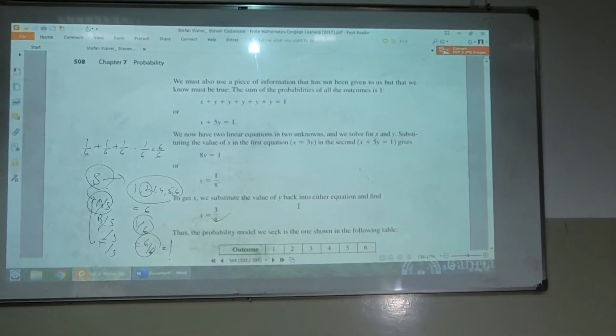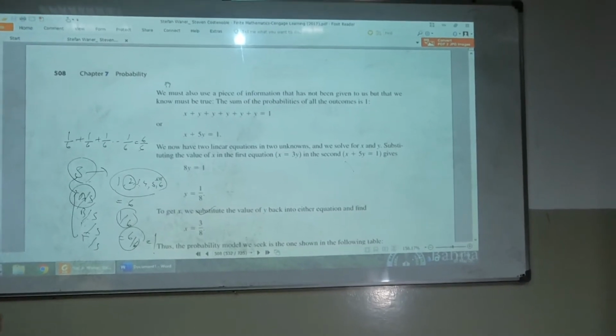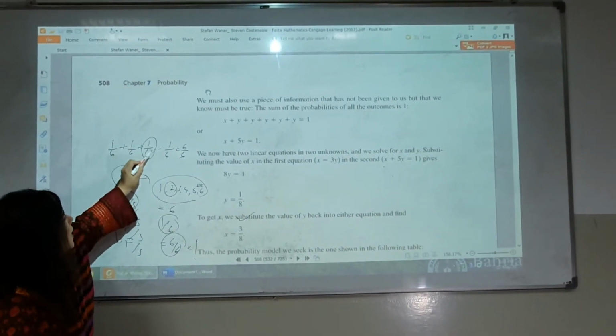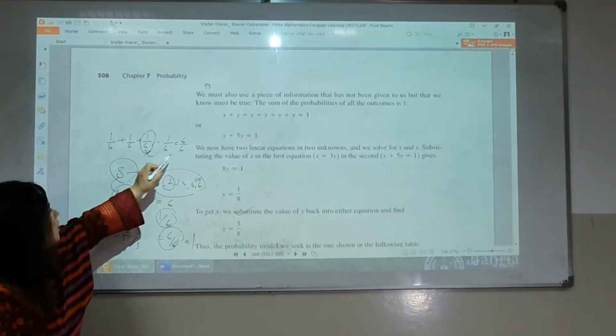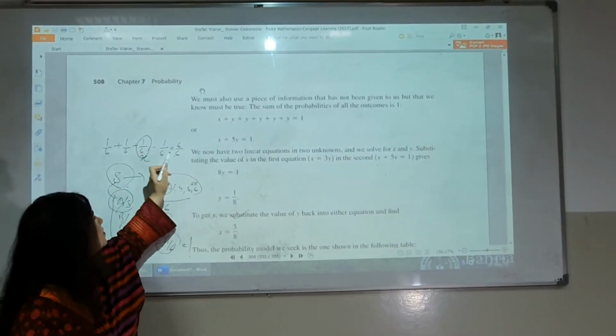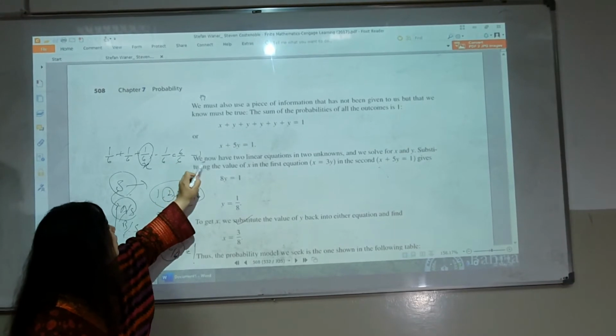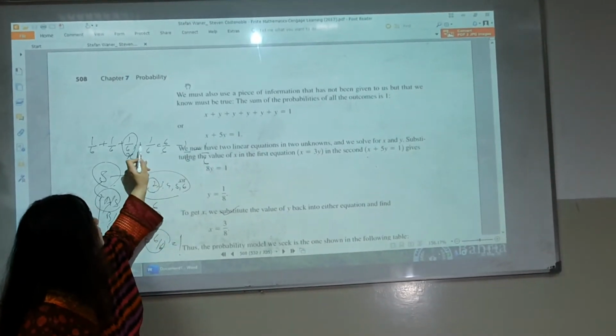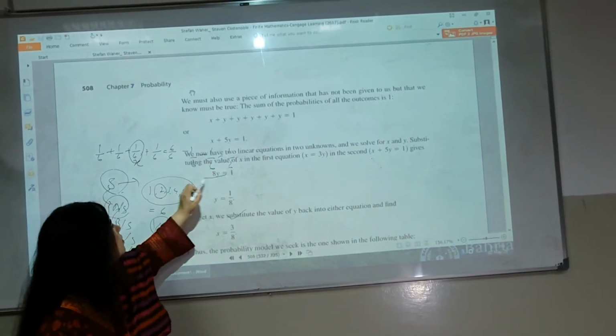Now, this is a similar concept if you are given a set of possibilities and you do not have one of them, say x. You can just subtract all of these: 6 by 6, minus 1 by 6, minus 1 by 6, and minus 1 by 6.